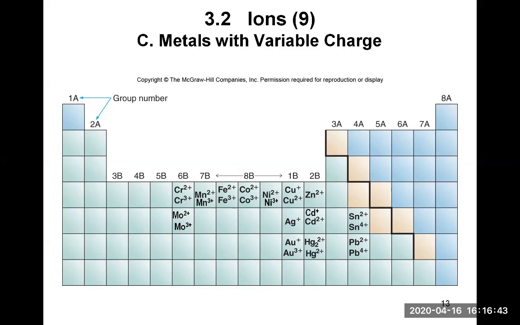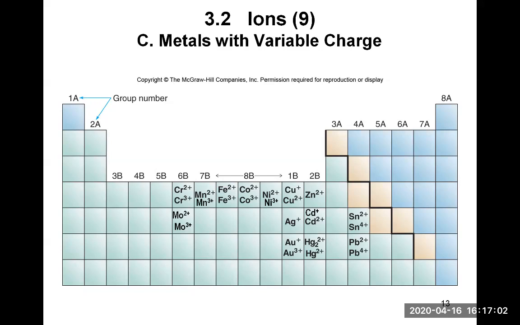They are not predictable, so we call them metals with variable charges. And typically, these are the transition metals. Notice how group 3A is not in this table because they are predictable.